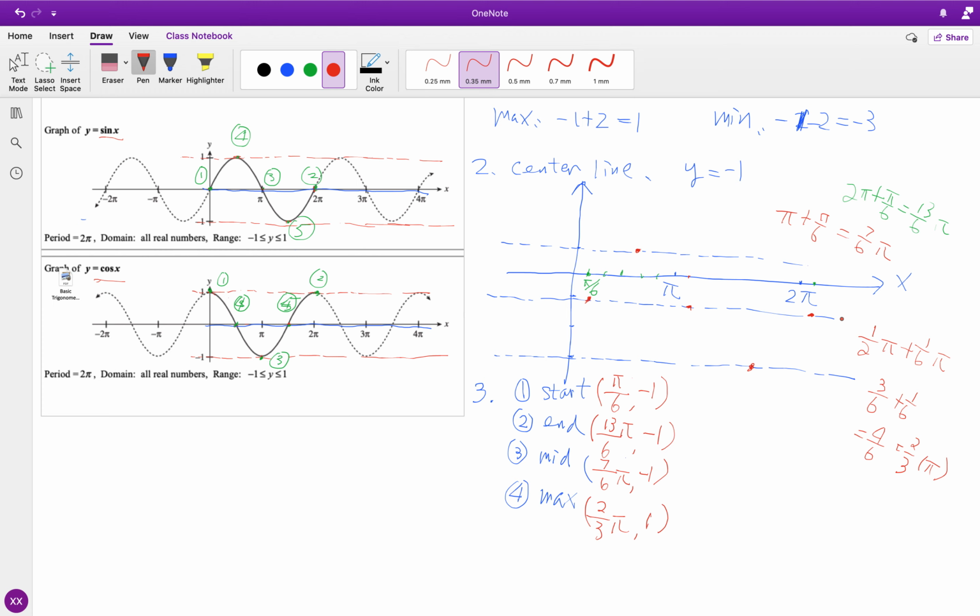Or another way to do it is to say it is 3 over 4 pi added on to 1 over 6 pi, and that is 12. So 9 plus, my mind doesn't work anymore, 9 plus 2, so this is 11 over 12 pi.